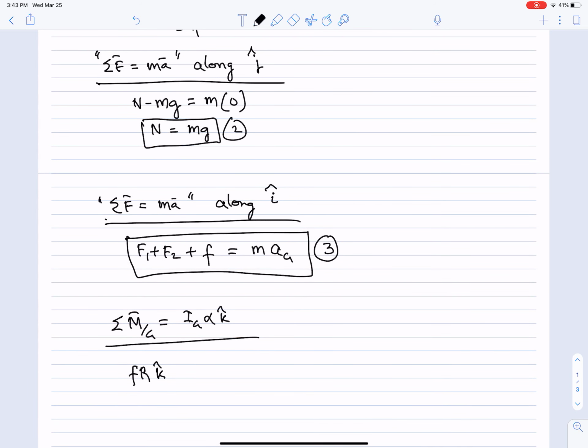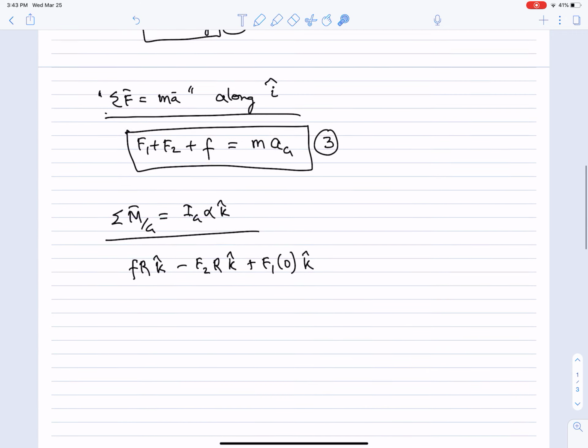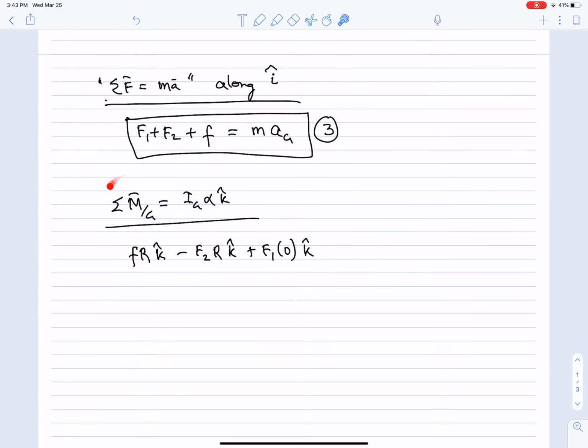Okay. And like I said, F1 is just multiplied with 0. It doesn't have a moment. And those are the things that have moments. The other forces, N and mg, pass through G, so they don't make a contribution. So that's the sum of all moments. That's the left-hand side of this equation.